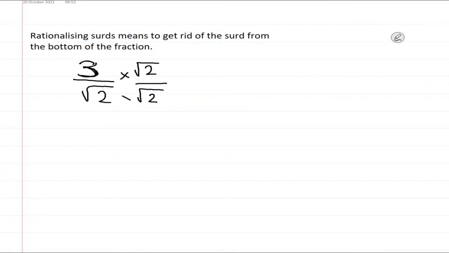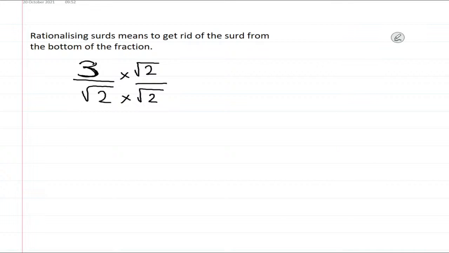What's 50 divided by 50? What's a million divided by a million? What is Mr. Adams divided by Mr. Adams? What is root 2 divided by root 2? 1. When I'm timesing by root 2 over root 2, it is 1. It's not changing the number. The number's staying the same, but it's going to look different.